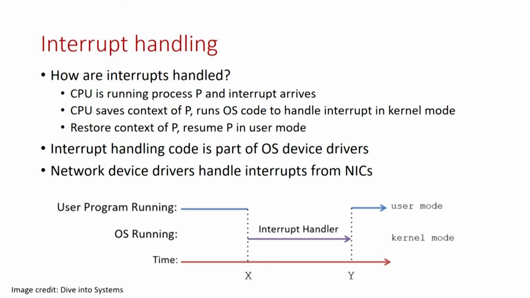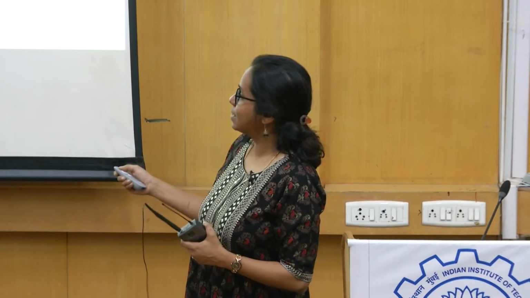So interrupts come from external devices, and whenever an interrupt comes, your CPU is usually running some user program that's scheduled on the CPU. That program is continuing to run, and when an interrupt happens, that is when the operating system comes into play. This is also called a trap. When this happens, your CPU's context, the state of all the registers, everything, is saved, and then the operating system comes into play.